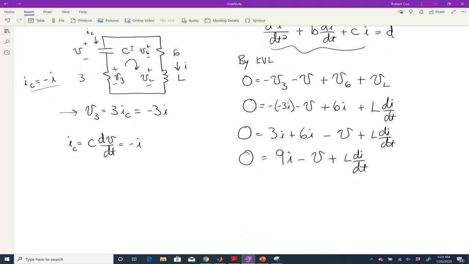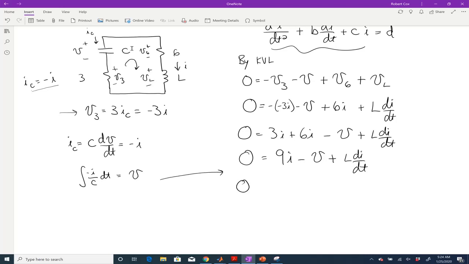If I rearrange and integrate, I get the integral of negative I over C dt is equal to V. So I can plug that in over here.